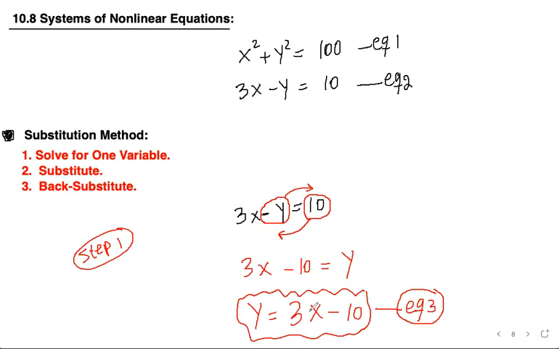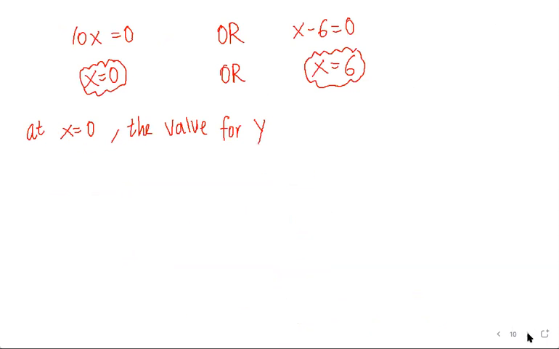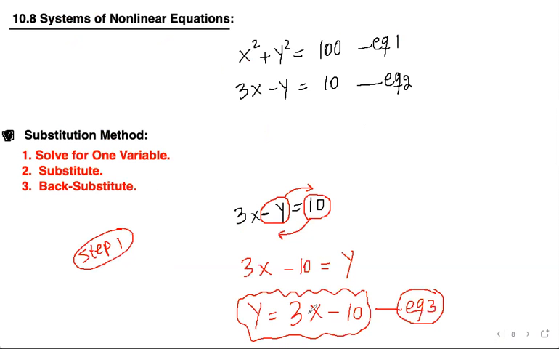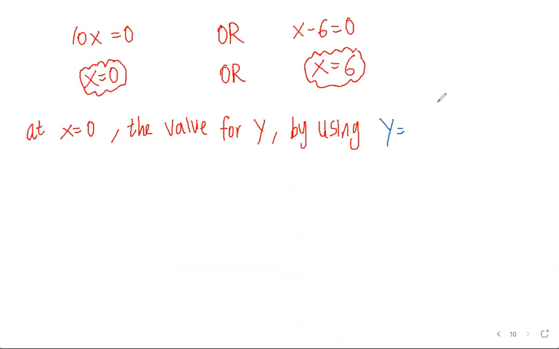Plug x equals 0, so I get 3 times 0 is 0 minus 10. So by using y equal 3x minus 10, this equation, plug the 0 inside the x.